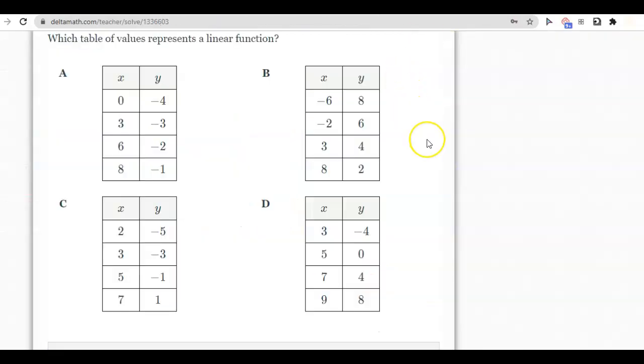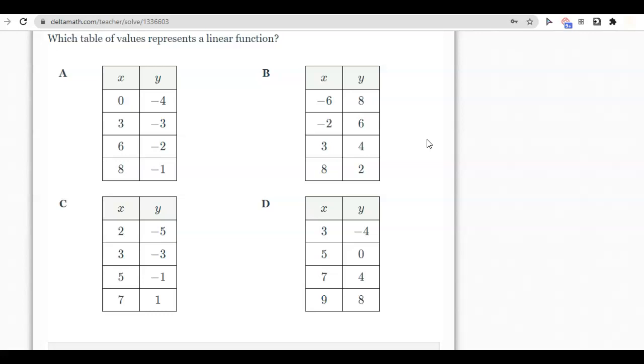Let's apply that when looking at these tables. In each of these tables, it looks like a function because each x only has one y. But the question here is which one of these is a linear function? So that means the slope must be constant.